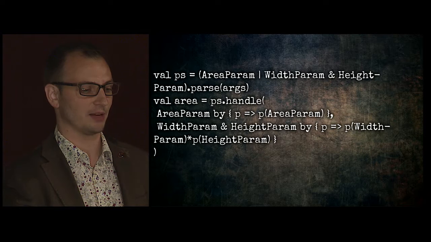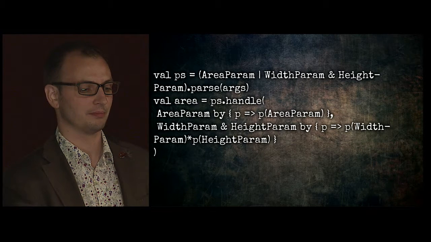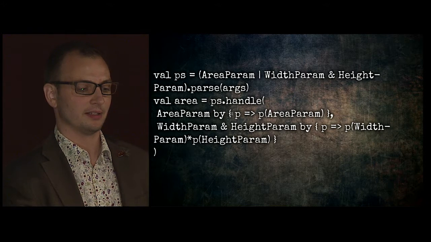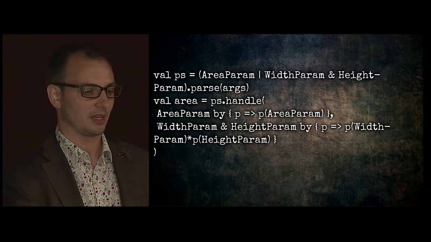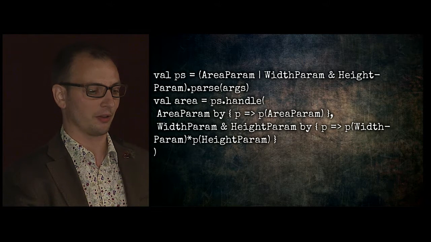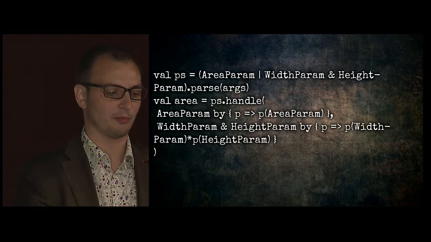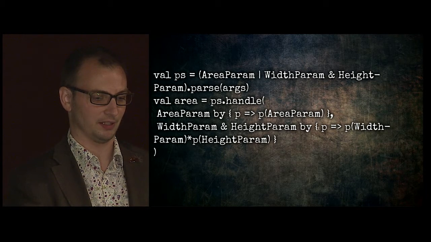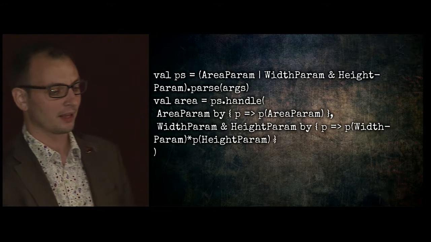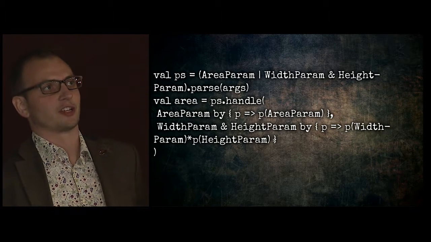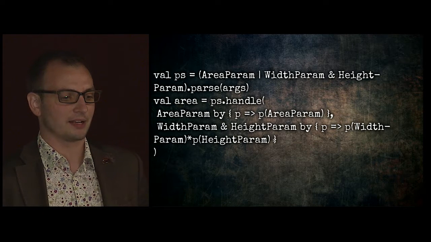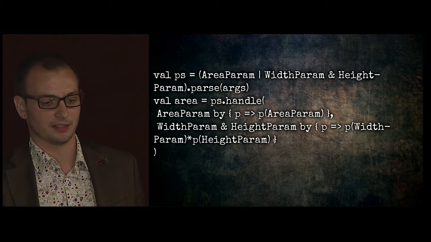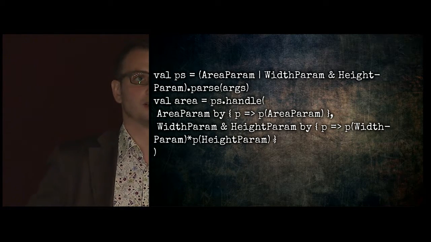The API will say, we're going to handle area param, which is one of the alternated options, by some function, and we're going to handle the other side of the alternation, width param and height param, by this lambda here. Now, there are various checks going on here which are important, and let us write this code very safely and with some certainty that it will succeed.